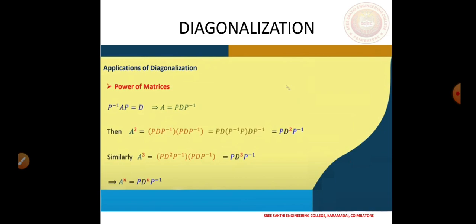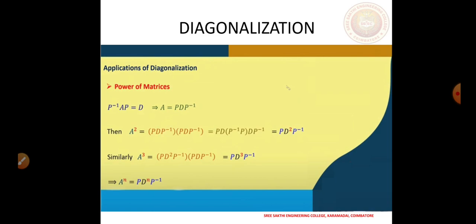So for A squared, the power of the matrix translates to the power of the diagonal matrix. What is the use here? D is a diagonal matrix, so we can easily get this power because it goes directly to the diagonal entries.